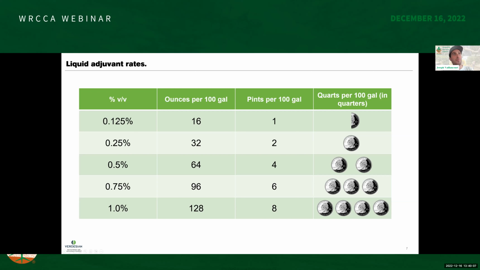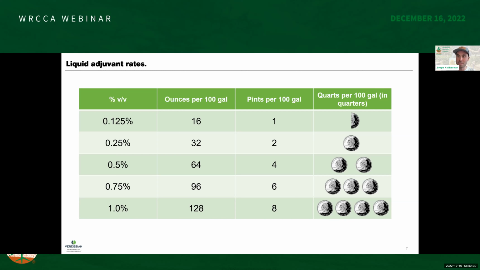So I like to think of that 0.125, it's like 12.5 cents. I like to think of these as kind of being in a quarter, right? 0.25%, well, that's kind of like a quarter, right? That's a quart rate, 32 ounces per 100 gallons. And the list continues. This is the typical structure for surfactant systems, water conditioners, things like that.